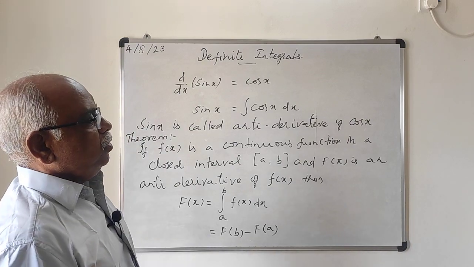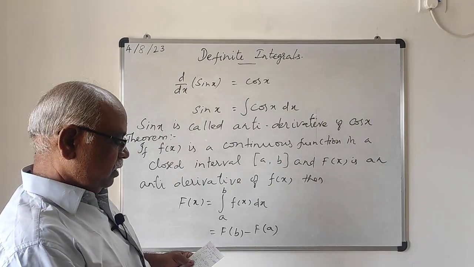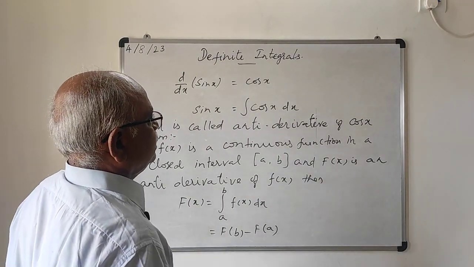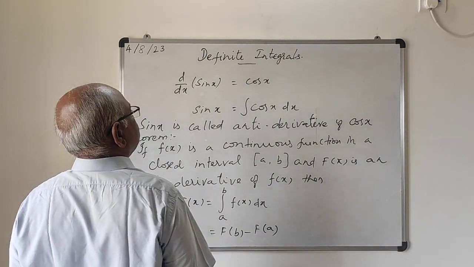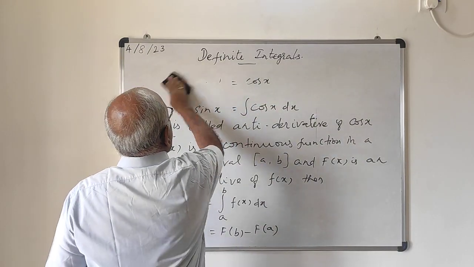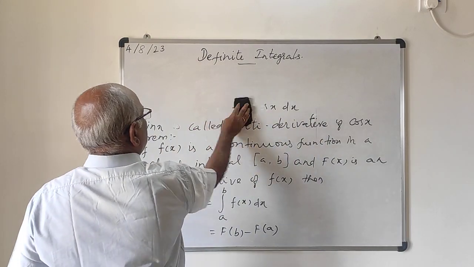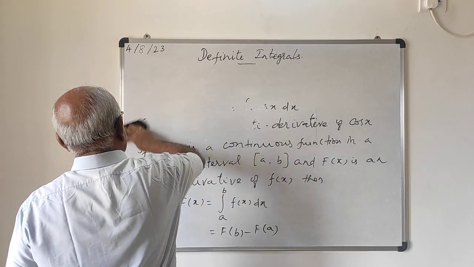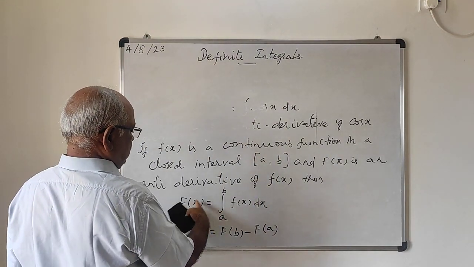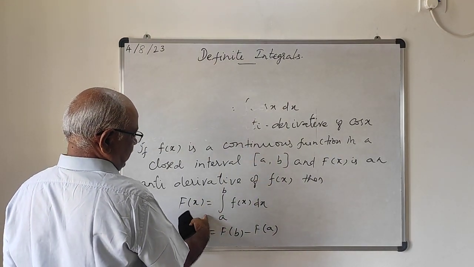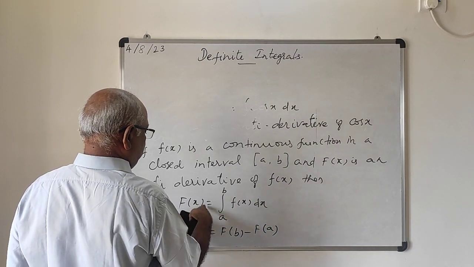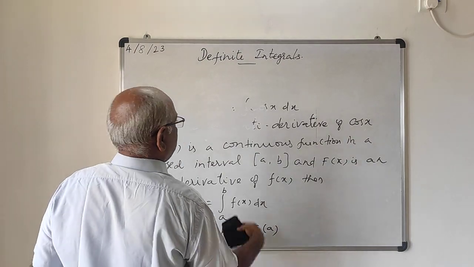Using this idea, we are going to solve the problems in exercise 9.3 of the applications of integration topic in the state board syllabus, 12th standard. We will see the problems one by one. This is the value of evaluating a definite integral: upper limit minus lower limit.